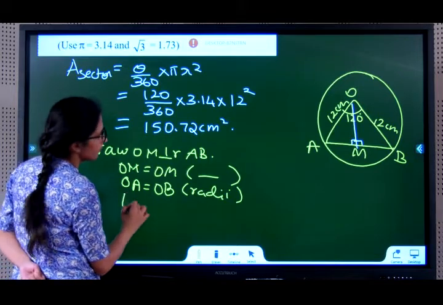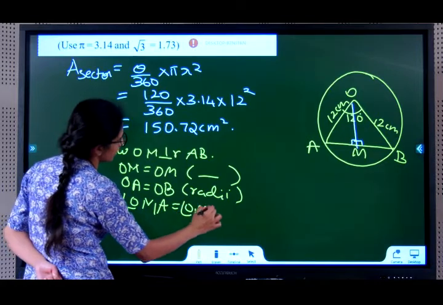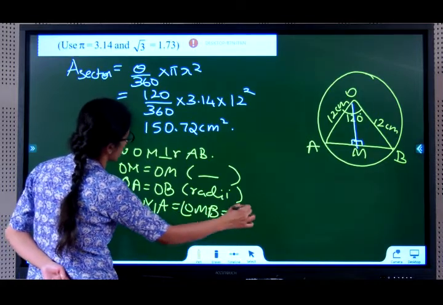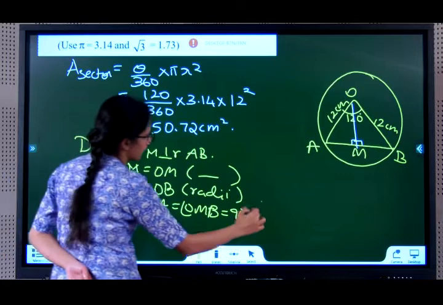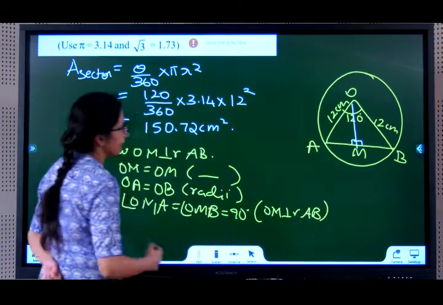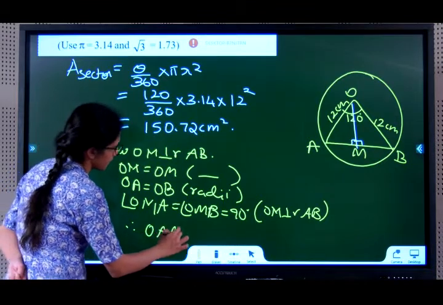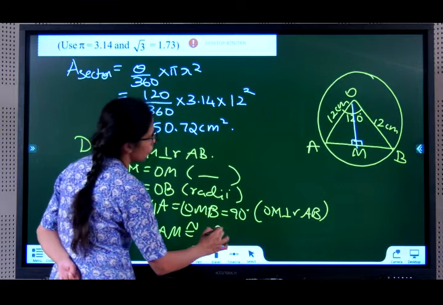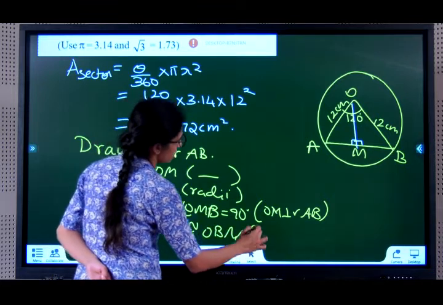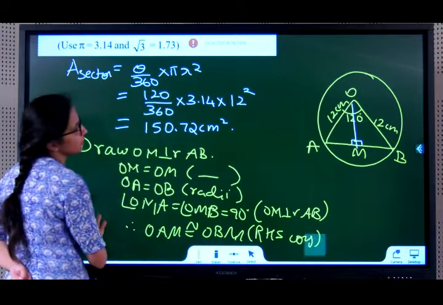Angle OMA equals angle OMB equals 90 degree. Why? Because we dropped OM perpendicular to AB. Therefore, I can say OAM is congruent to OBM. Why? RHS congruence.